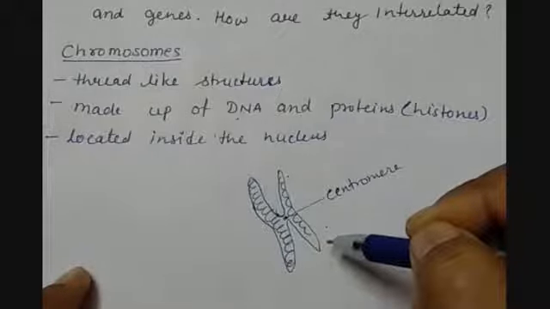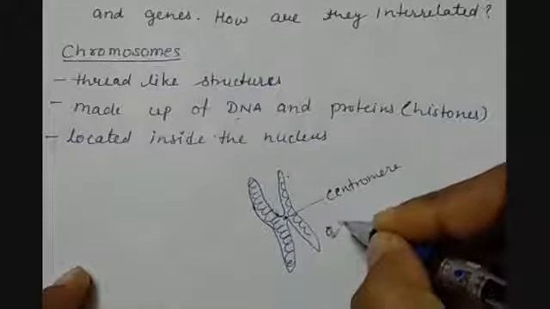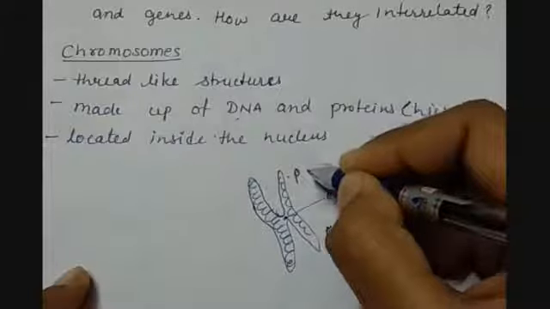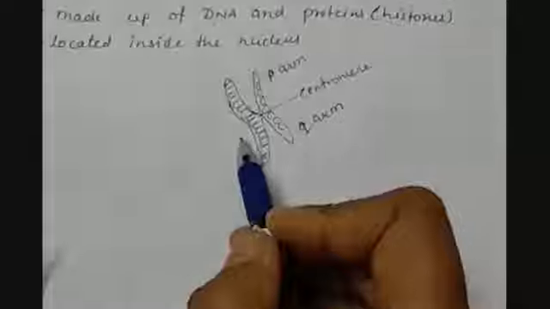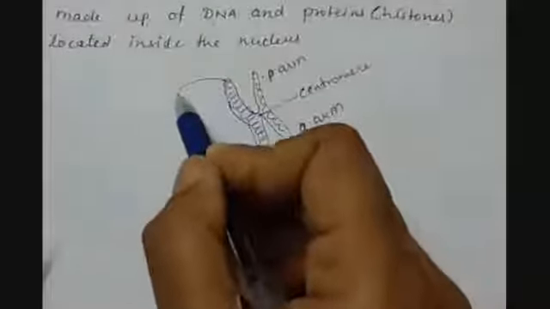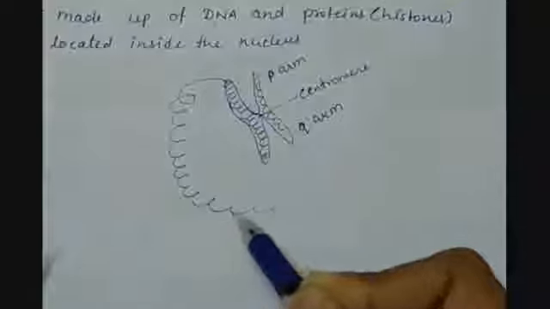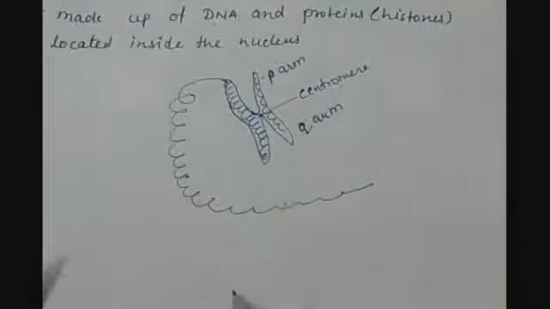So the long arm will be called the Q arm, and the short arm is called the P arm. Further, these chromosomes are connected with the DNAs, and a part of DNA forms the genes.